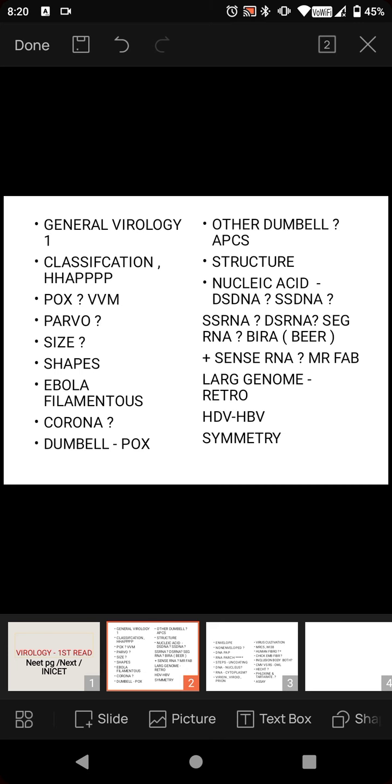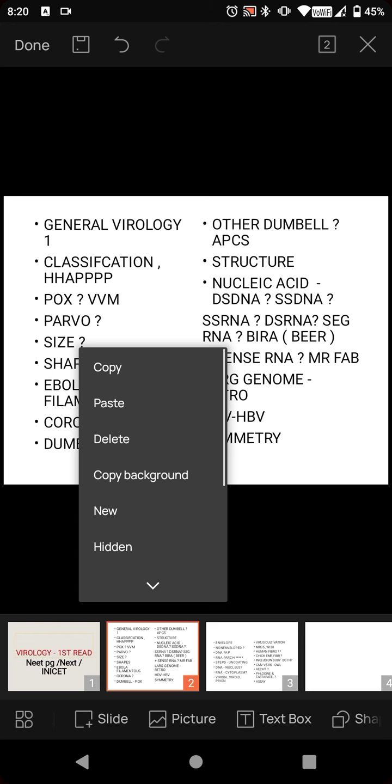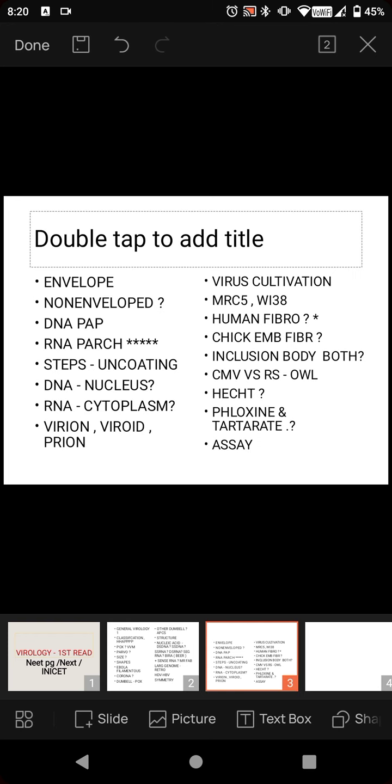Then we saw about the icosahedral, helical, and pox, and nucleocapsid, lipoprotein, lipid host protein, virus derived, and enveloped, non-enveloped. We saw the basic characteristic features, and PAP for DNA and PARCH for RNA.